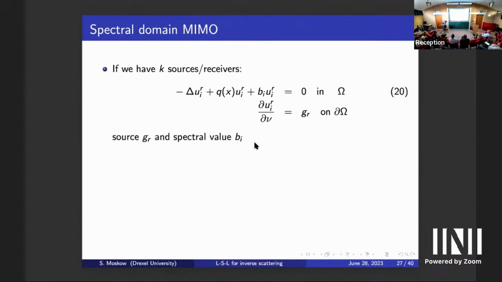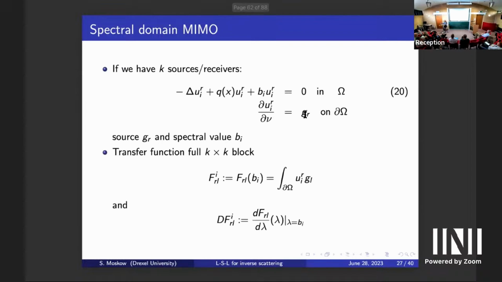Okay, that was just SISO problems, but all of this works for multiple input, multiple output. If you have a lot of sources and receivers, and assuming we have all the data in the transfer matrix, we take a spectral domain problem here with a set of spectral values. These are the B's, and then a set of sources, indexed by R. Then the transfer function is a K by K block, and I'm assuming I have the full block.